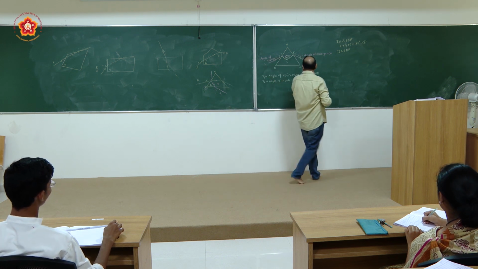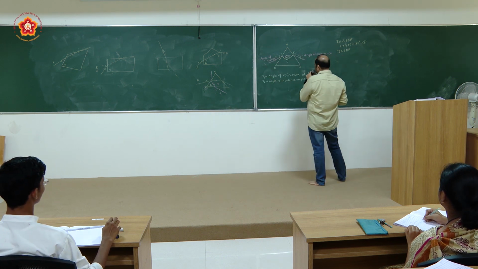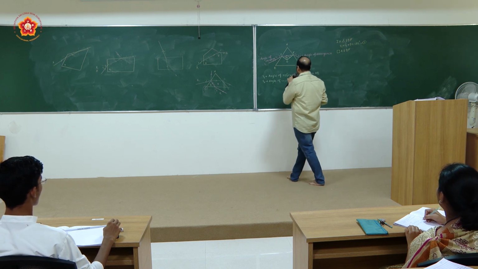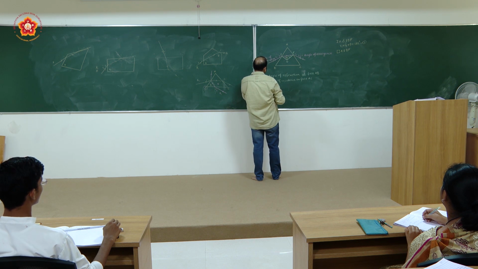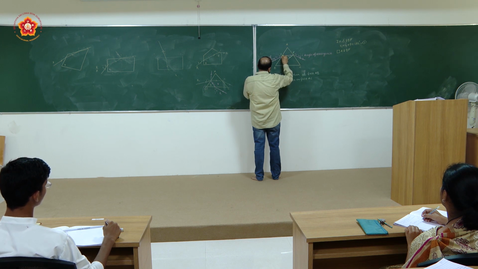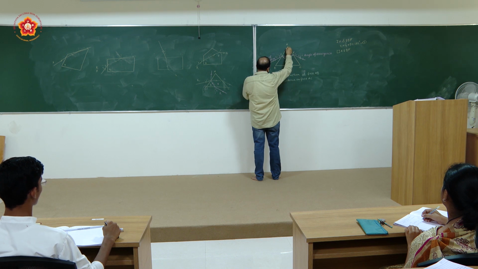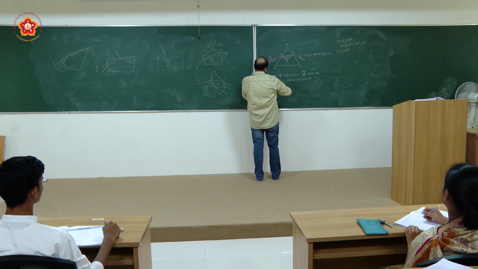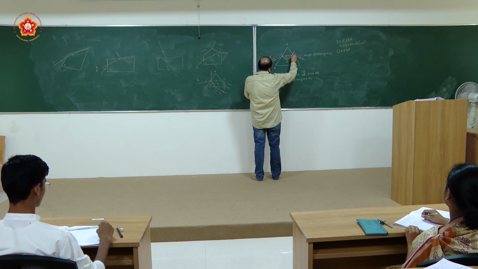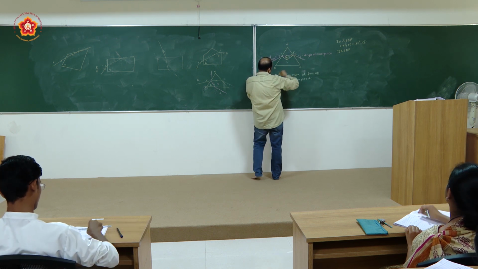okay. So what is angle E here? Angle E will be 90 degrees. Are you able to get this angle AED? That will be 90 degrees because it is along the normal. Similarly, AFD is also equal to 90 degrees.